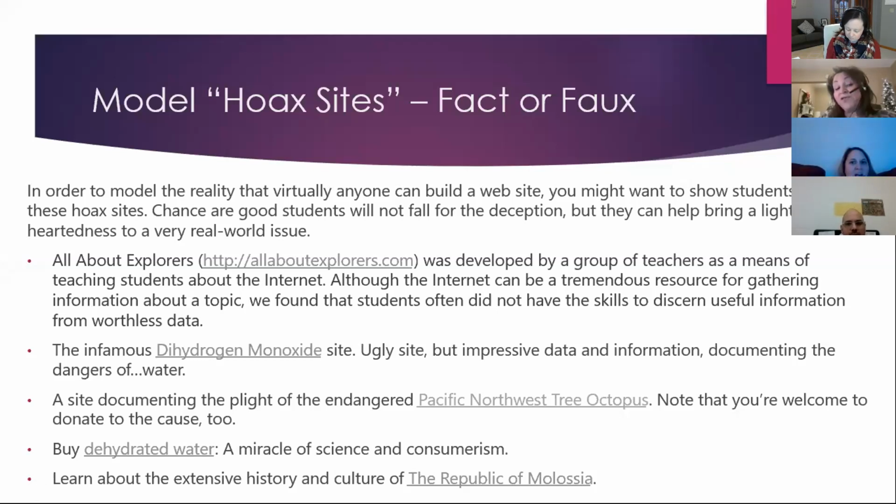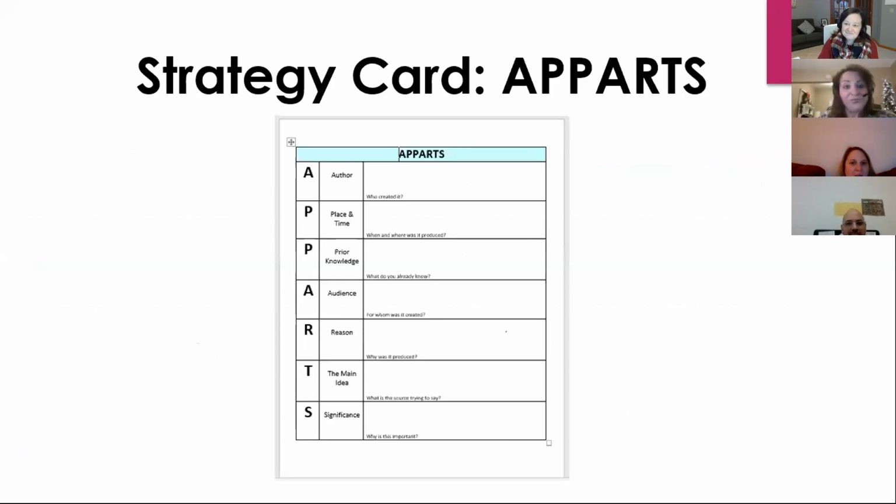We could stand a few adults to go through this too. Another strategy, APARTS: A for author, P for place or time, making sure kids, when we look at sources, can fill this all in and then think to themselves, okay, I don't know whether what I'm reading here is really true or just someone's strong opinion.